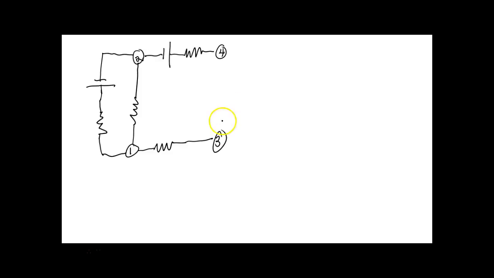From junction 3, between junction 3 and 4, we have another resistor. And from 4, we have another wire leading out, going backward across the battery, and going down through another resistor. And that's our circuit. So I've numbered my junctions.